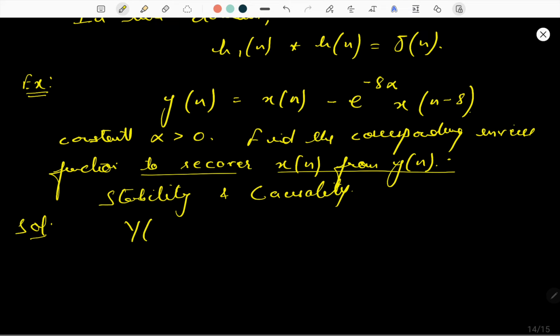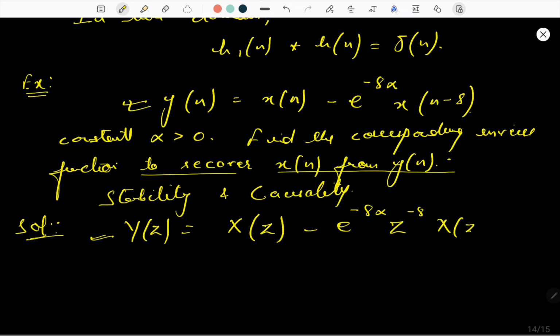Y(z) is equal to, if we take the z transform of the above function, Y(z) = X(z) - e^(-8 alpha) z^(-8) X(z). So this is simply the z transform of the above equation.